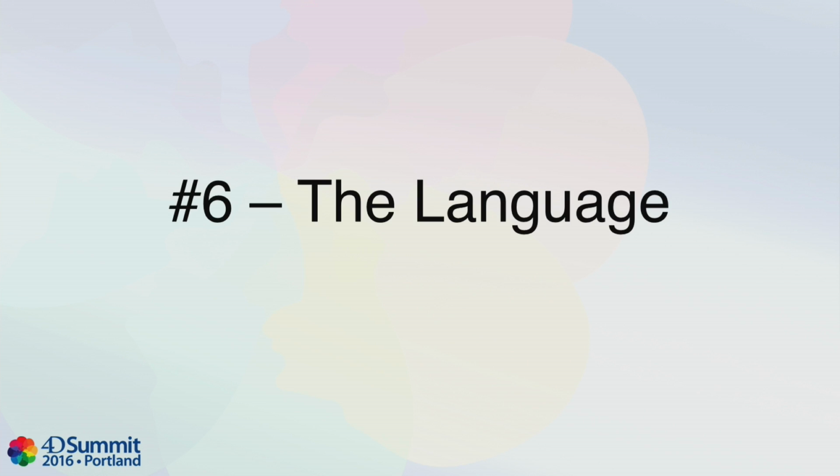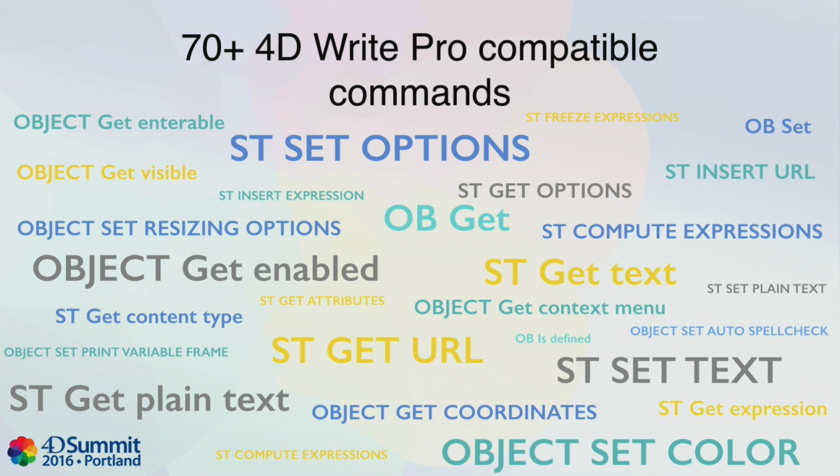So now we have to talk about the language. As we saw this morning, we have over 70 commands of 4D that can be used with 4D Write Pro. If you already know these commands, you can use them with 4D Write Pro. For instance, we already had styled text in 4D.